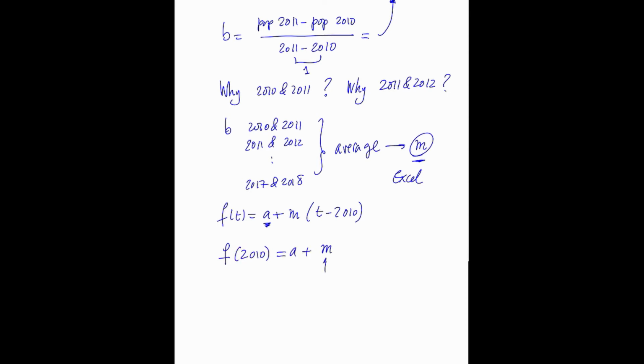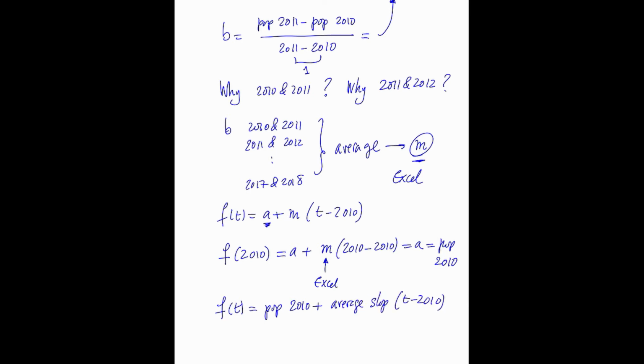Remember, m we are going to compute with Excel, but it's just a computed number. Therefore, a is the population in 2010. So the function will be the population in 2010 plus our average slope times t minus 2010.